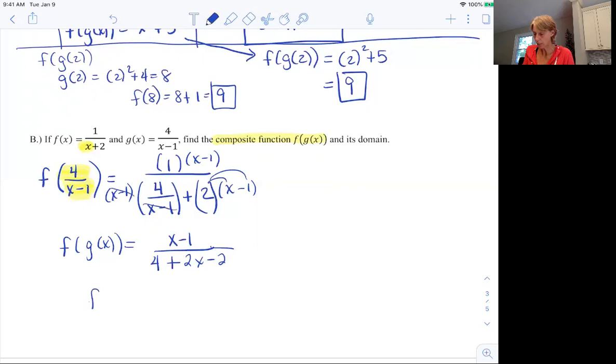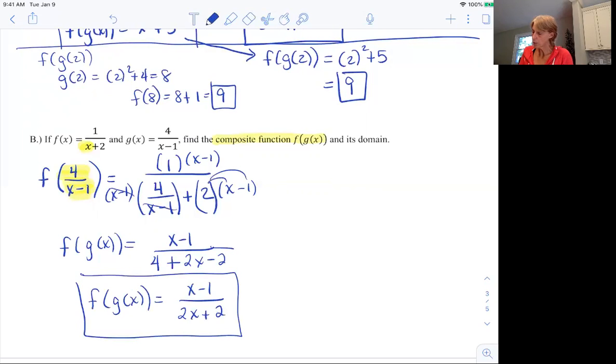I'm going to go one more step here, make it nice and clean. x minus 1 over 2x plus 4, no, 2x plus 2. Thank God I caught that mistake. It's perfectly acceptable to leave it just like this.